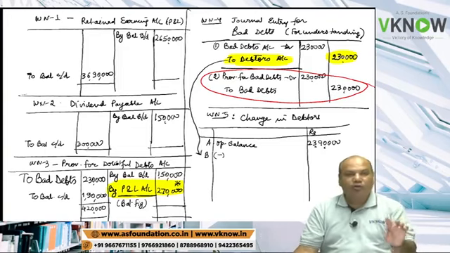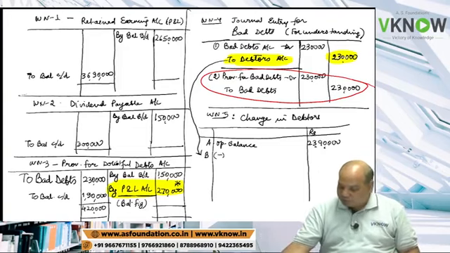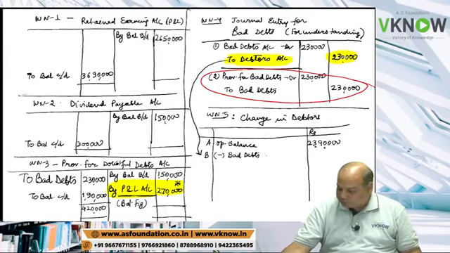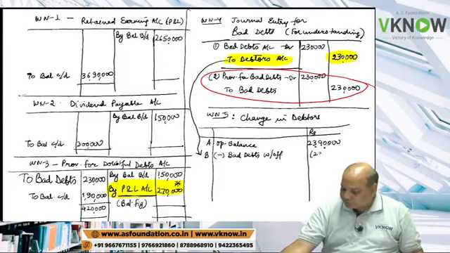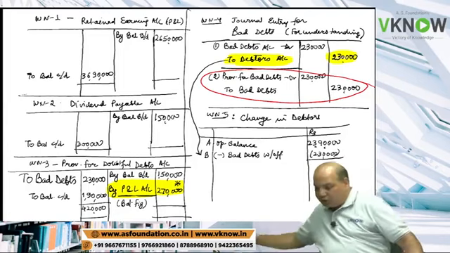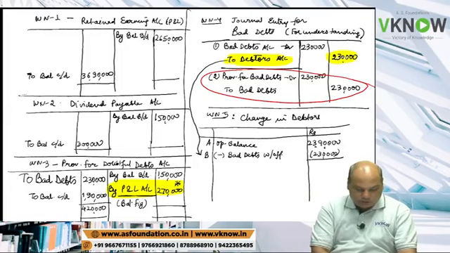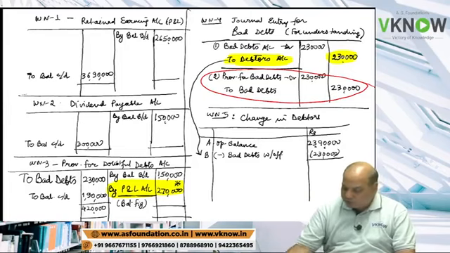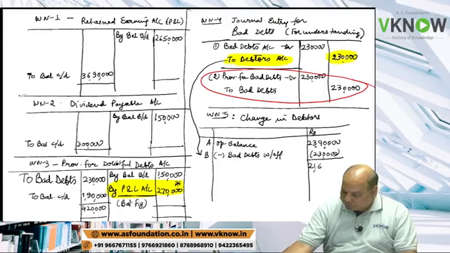You have written off debtors by 2 lakh 30,000 less bad debts written off, because debtor will also reduce 2 lakh 30,000. So you draw one line and take the balance right now.